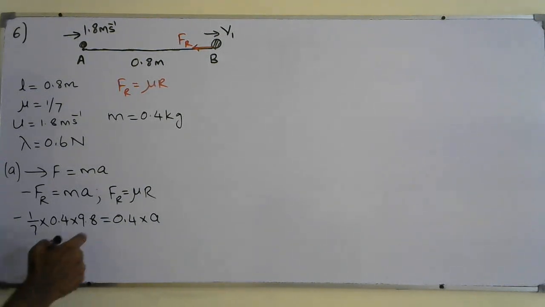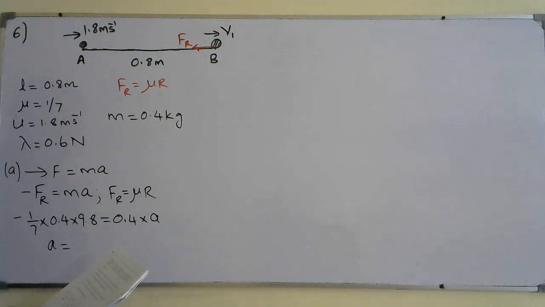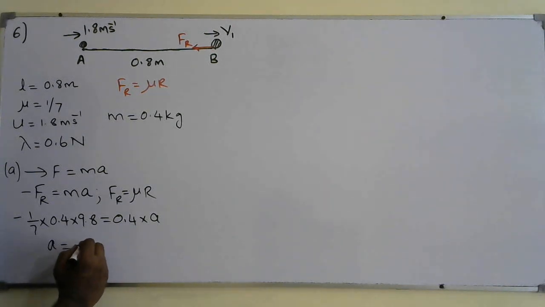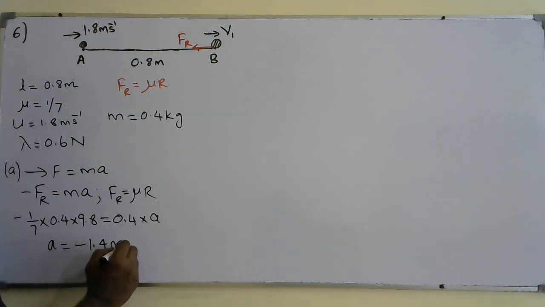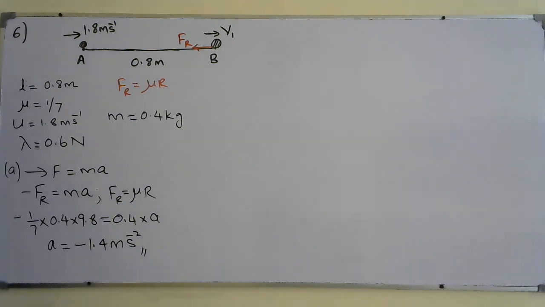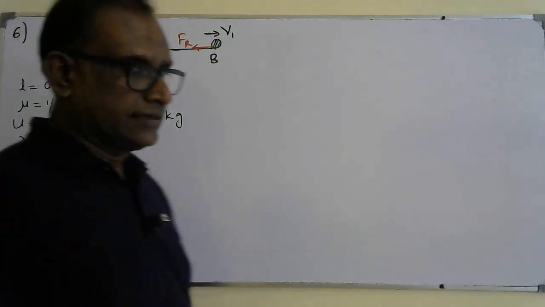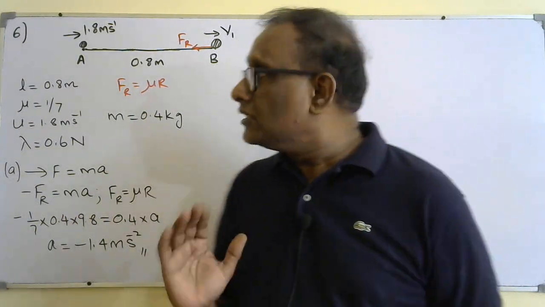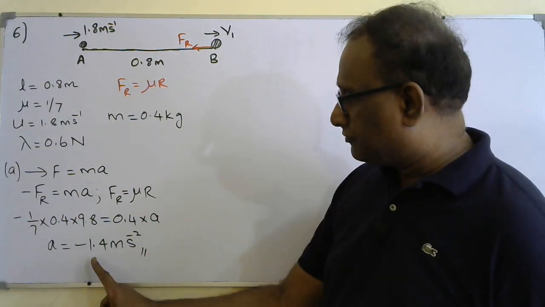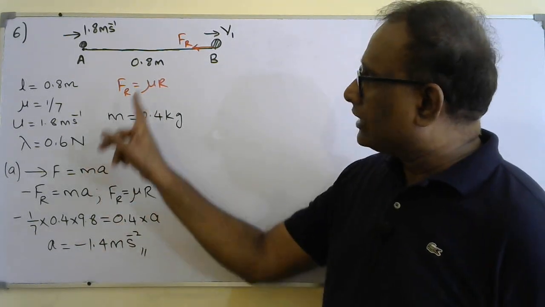So a is going to be minus 9.8 divided by 7, that is minus 1.4 meters per second squared. That will be the constant acceleration, because the string is not yet extended, so the only force acting on it is the friction.